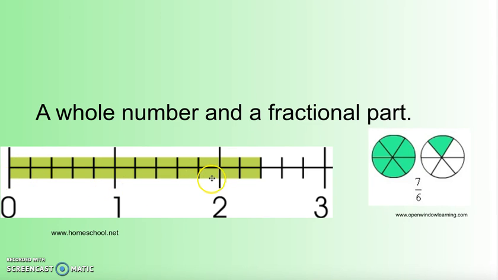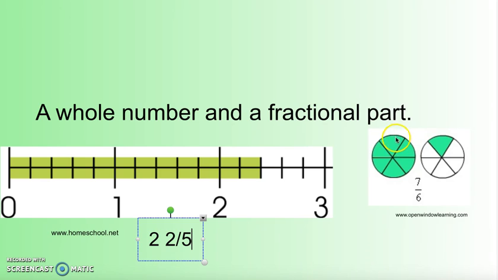See, 1, 2, and then there's a little bit more, and if you notice, these are separated into 1, 2, 3, 4, 5 equal parts, and 2 are shaded. So that means it would be 2 and 2/5, and that would be the mixed number, 2 and 2/5.